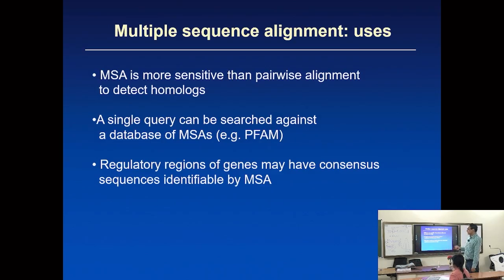Okay, so a single query can be searched against a database of multiple sequence alignments, and that could also be in the PFAM database. Regulatory regions of genes may have consensus sequences identifiable by multiple sequence alignment. So regulatory sequences, promoter sequences, for example, transcription factor binding sites, where transcription factors bind.